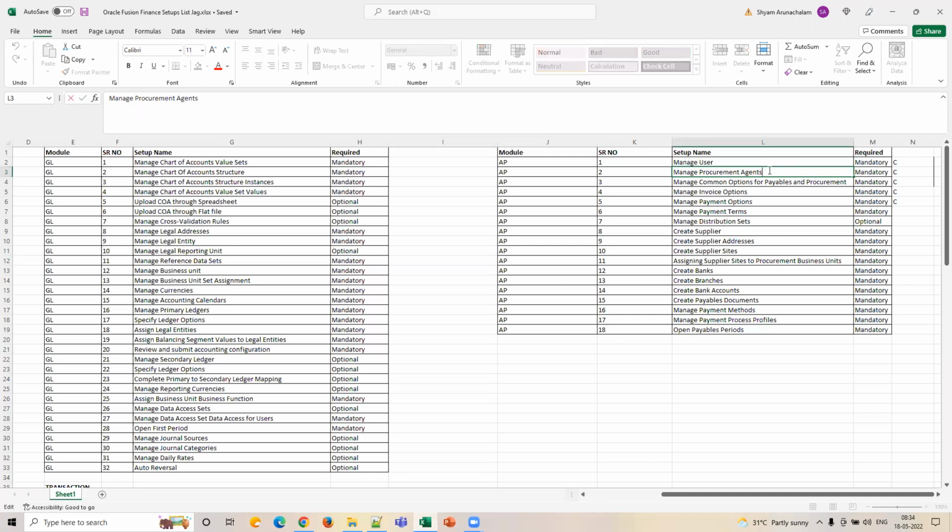If we do not, we cannot create a supply site, because the create plus button will not be available while creating a supply site. Just remember, in real time, if your user doesn't have access to create a supply site, it clearly means your procurement agent setup is missing. Then common options for payables, procurement, invoice options, and payment options. You can revise them in general. Tomorrow we can go ahead with the other setups.